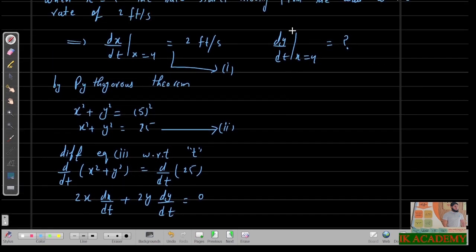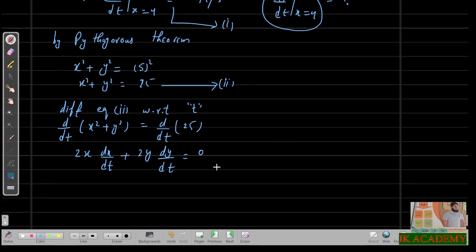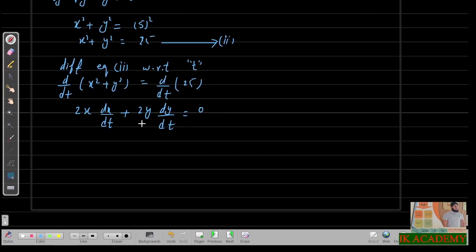So as we need to find dy by dt when x is equal to 4, we need to arrange the things so we can easily find dy by dt. So the terms which don't have dy by dt, we will take it to the right side of the equality.